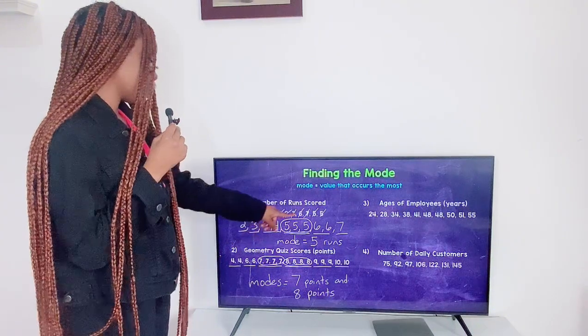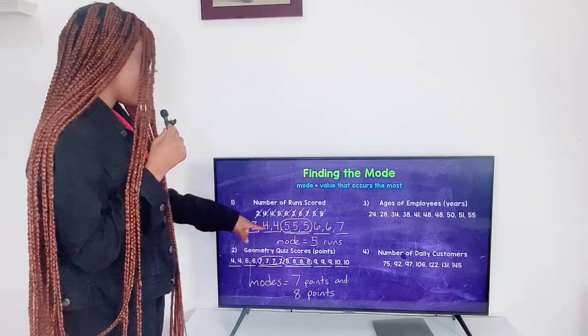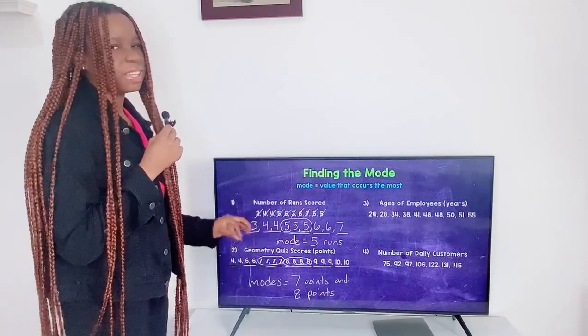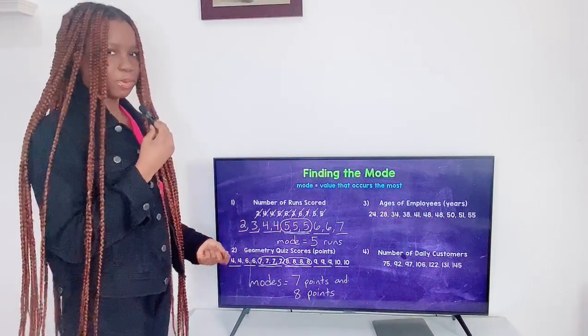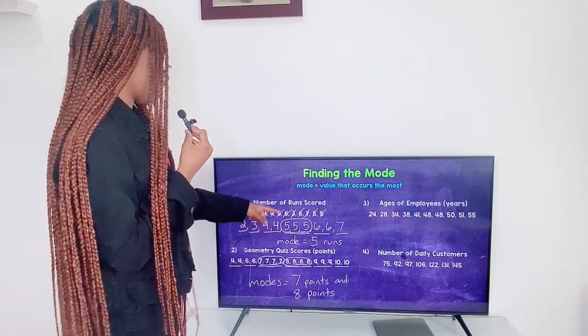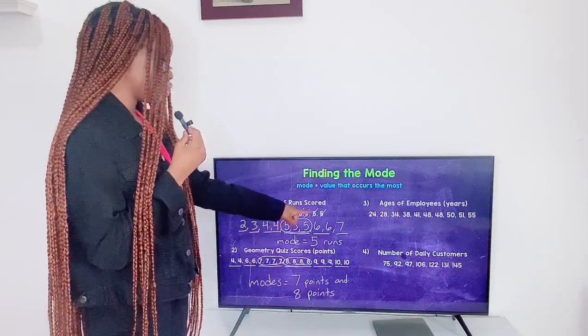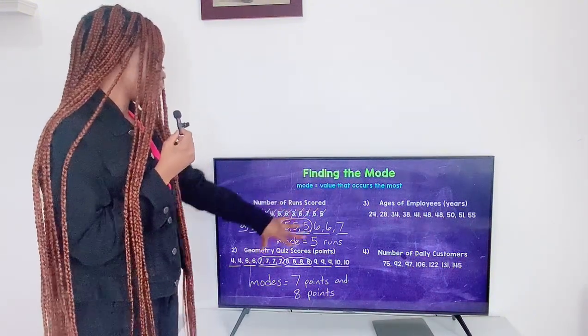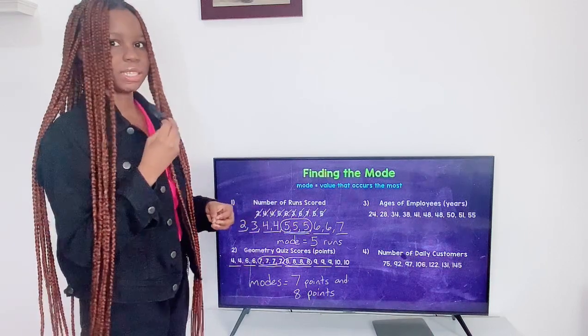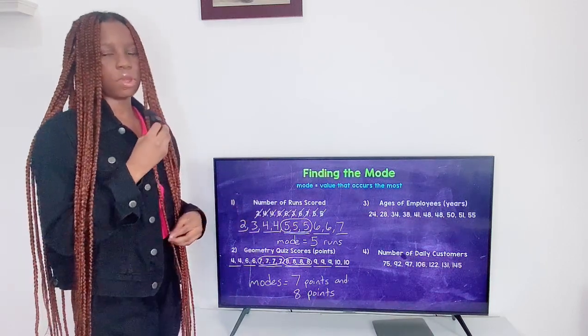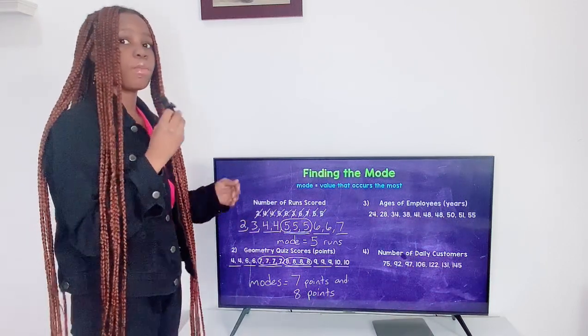Along with 3, which only appeared once as well. 4 appeared twice, but it's still not the mode. But who knows, let's keep going. Then we have 5: 1, 2, 3. 5 appeared 3 times. Let's keep going to see if we get a number that occurs more than 5.